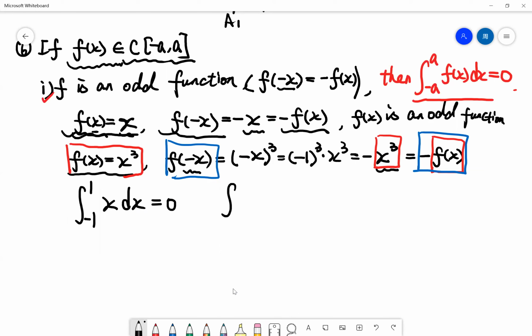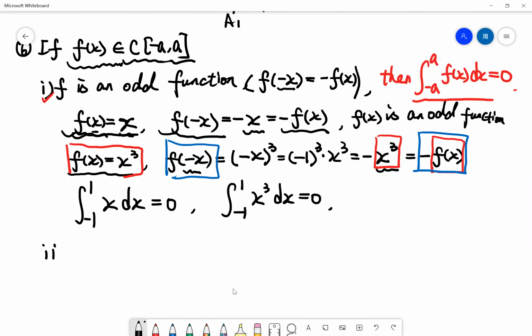And the same, the integral from minus 1 to 1 of x to the power 3 dx also equals 0. As long as the interval is symmetrical and the function is an odd function, you can write 0 directly without calculating. Okay, this is the first part of property number 6.